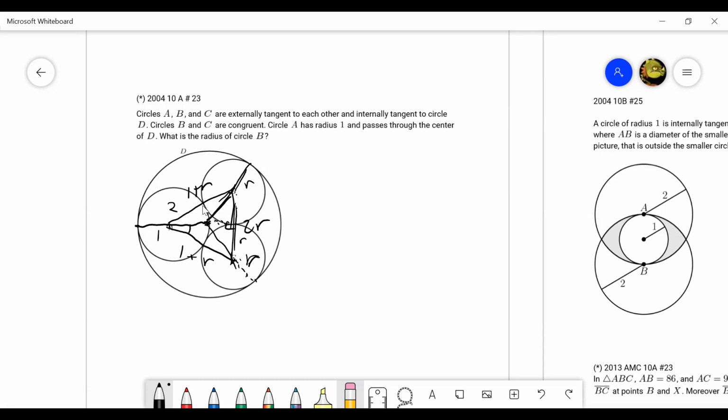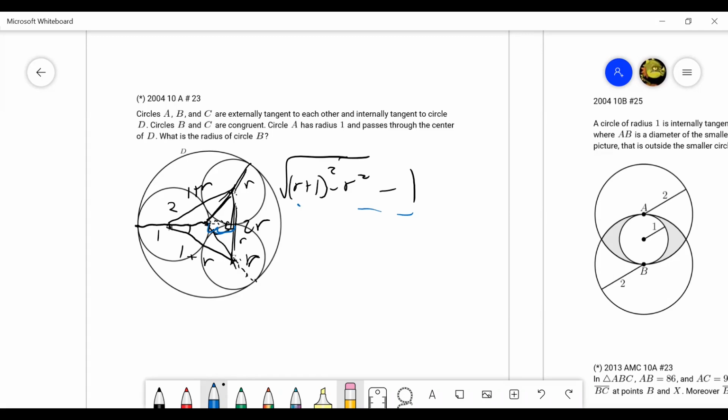So now we can use the Pythagorean theorem twice to solve this problem. First off, you have to find this entire height, which is the square root of (r plus 1) squared minus r squared from the Pythagorean theorem. Then you subtract 1, and you get this part right here. And now you add this, I mean, this length refers to this blue part right here.